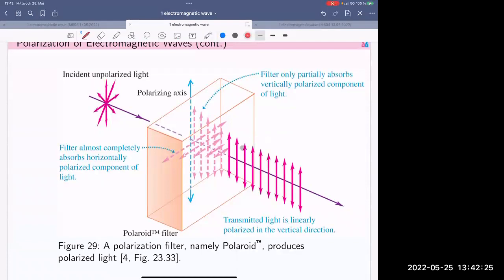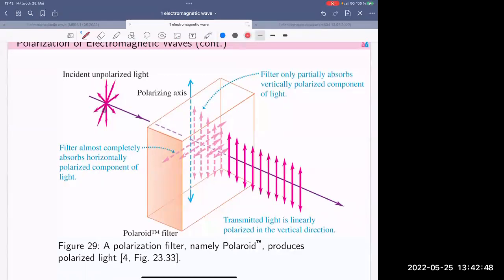1410, right? Okay, and here is the Polaroid filter. It will allow the electric wave, or the light electromagnetic wave, that has the polarization axis in this orientation. It's called the vertical polarizing axis only.